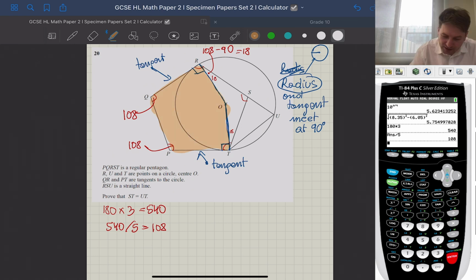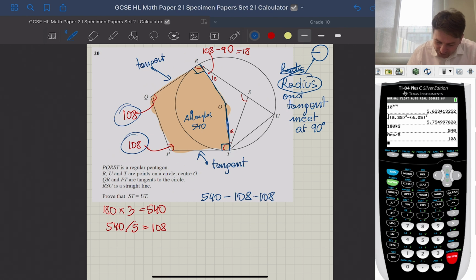How many sides do I have inside the shape? 1, 2, 3, 4, 5. So that means I know all the angles in that shape add up to 540. And guess what? I already have this one and this one.